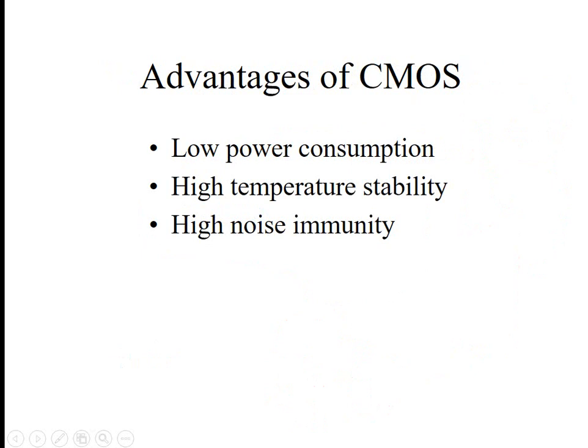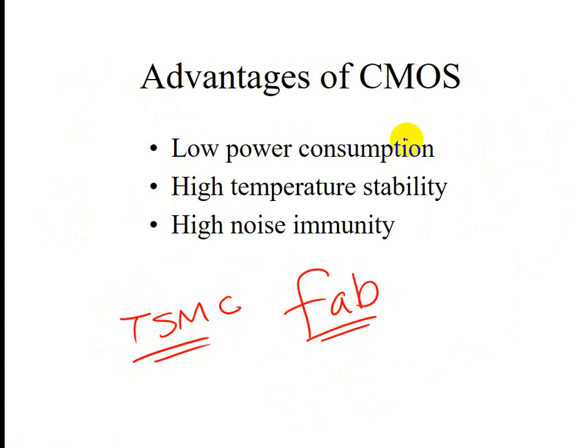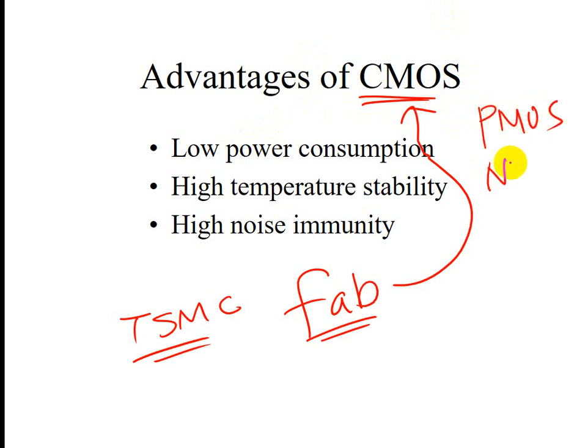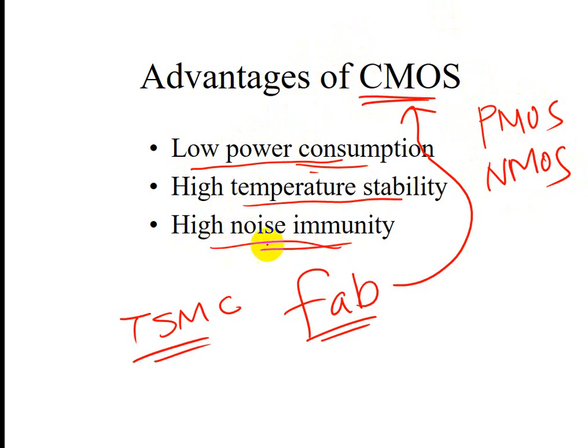So again, right now in the fab for TSMC, what they build is basically CMOS instead of PMOS or NMOS alone, because CMOS has low power consumption, high temperature stability, and high noise immunity.